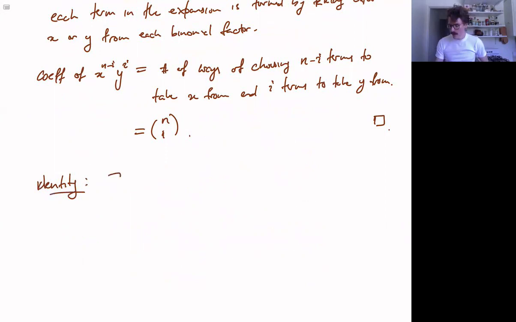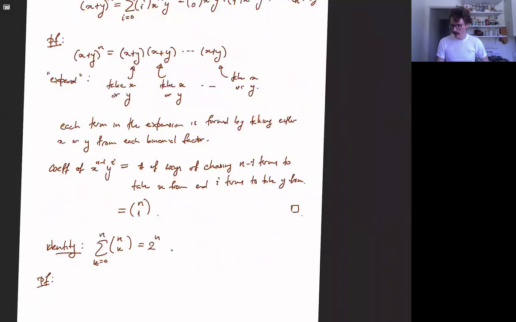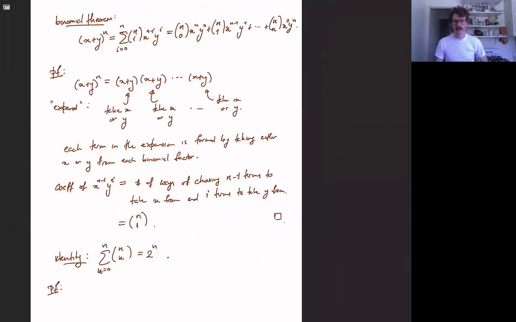The claim is that if we add up all the binomial coefficients from k equals 0 to n, with n fixed, this is equal to 2 to the n. And there's a very, very slick proof of this from the binomial theorem. So let me pull that back up onto the screen.